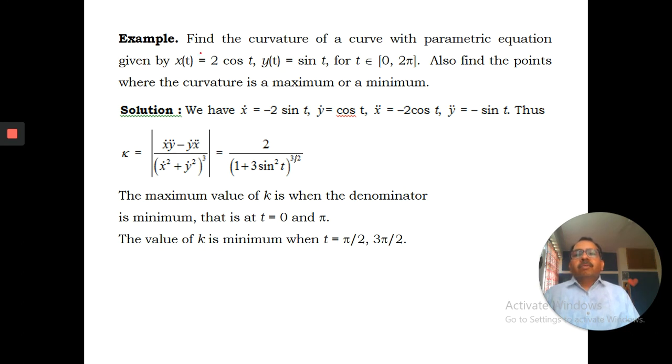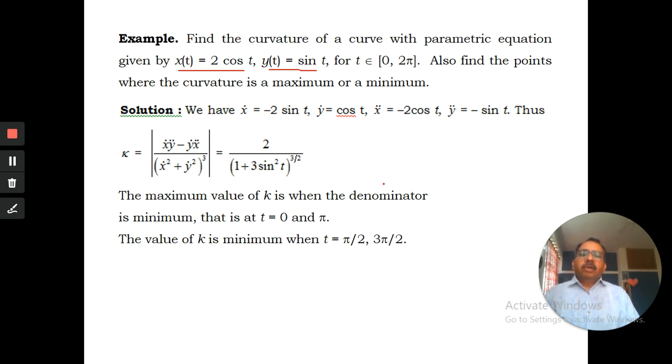Next is find the curvature with a parameterization given by x(t) equal to 2 cos t, y(t) equal to sin t, and t lies between 0 to 2 pi. Also find the points where the curvature is maximum or minimum. So use this formula, kappa equal to x dot y double dot minus y dot x double dot divided by x dot square plus y dot square to the power 3 by 2.